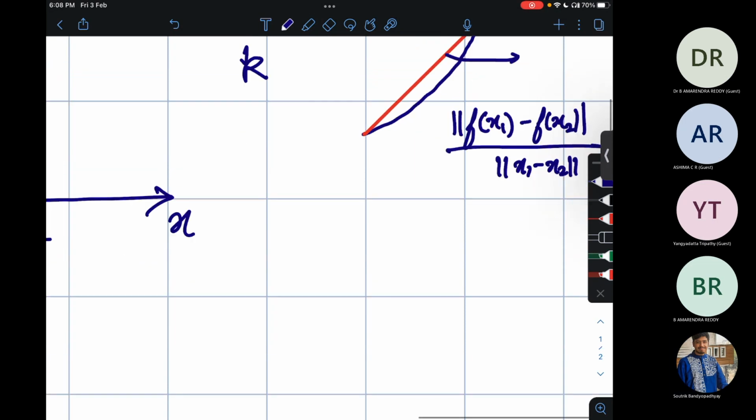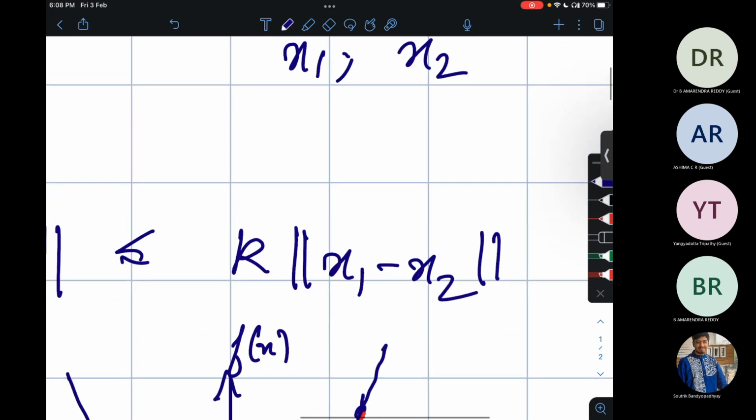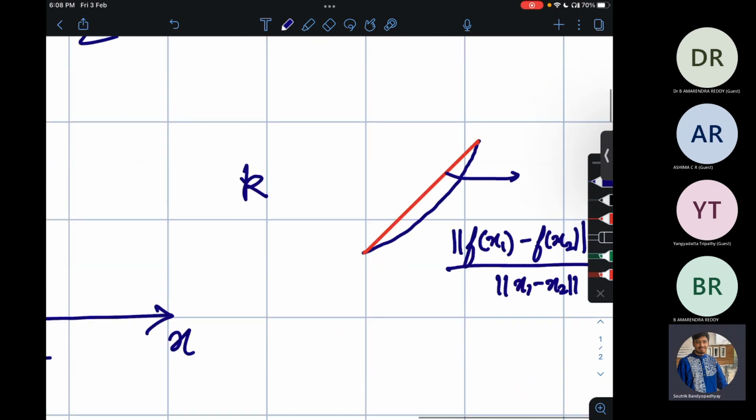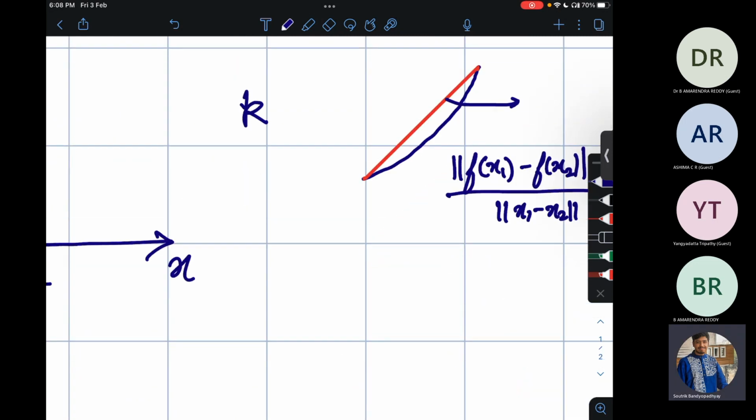And according to this theorem, the slope is bounded by positive k. Regardless, if this slope is in the negative direction, let's say I have this kind of structure and the line connecting was like this, the absolute value of the slope would be less than k.